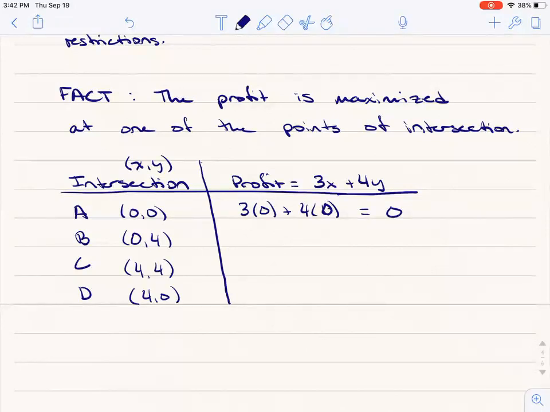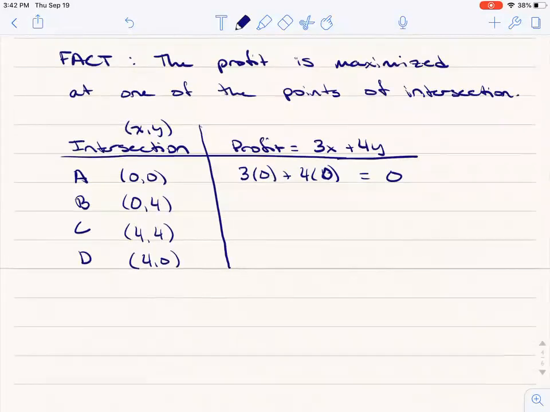Then the next intersection B, we've got 3 times 0 plus 4 times 4, which is 16. That's better than 0. I have a feeling that 4, 4 is going to give us an even better profit.